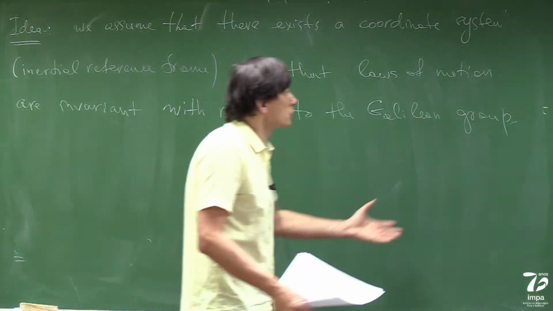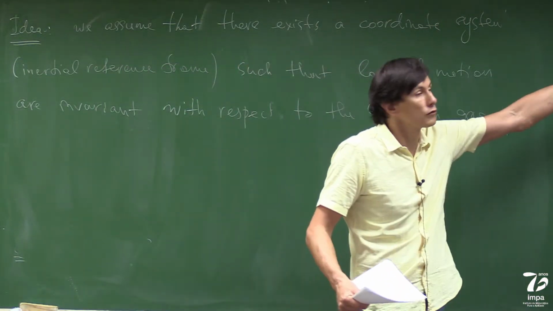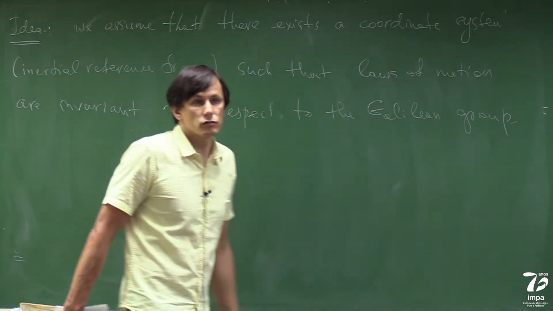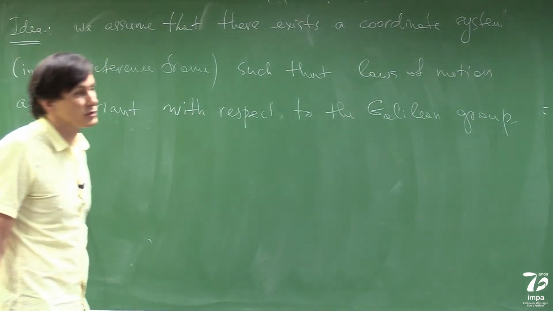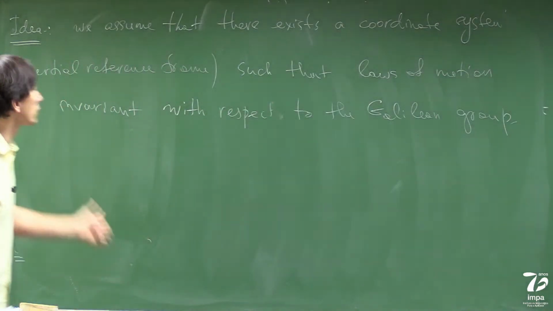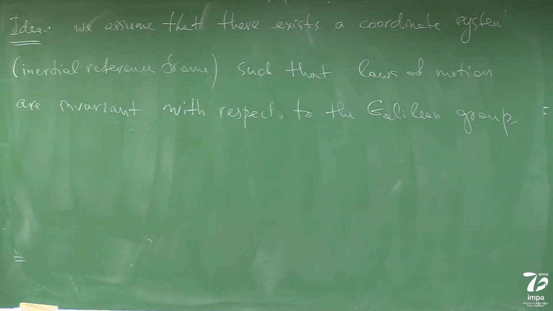So we say that we can choose coordinates in our space-time, such that in those coordinates the laws of motion will be the same whatever change of coordinates you do under this group action. So it means that whatever origin we put in the system, whatever rotation we apply, whatever Galilean transformation we apply, it will not change the laws of motion. It will not change the way the system evolves. It will not change the equations of motion.